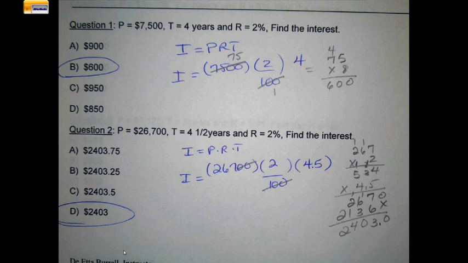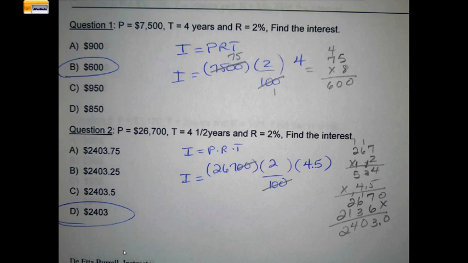Did you guys get that? So finding the interest is not really difficult. You just have to be very careful about the time and how you write your interest rate. Okay, so it's just a multiplication problem. Are there any questions on question 1 or question 2, how we set it up?